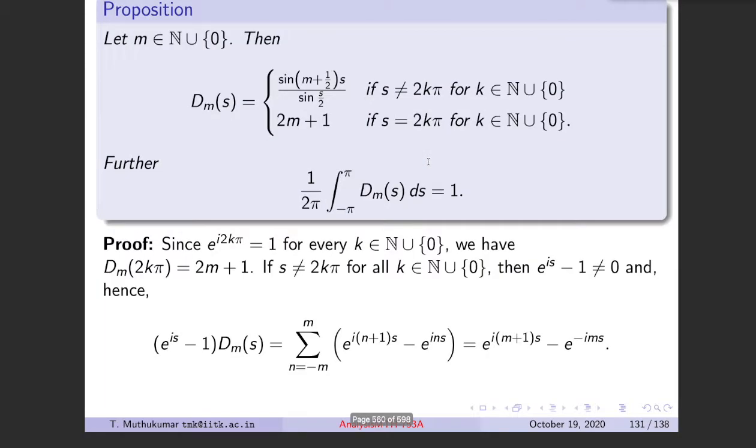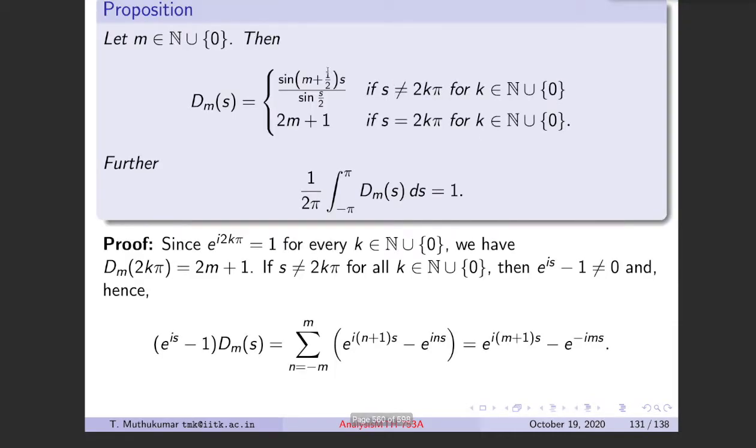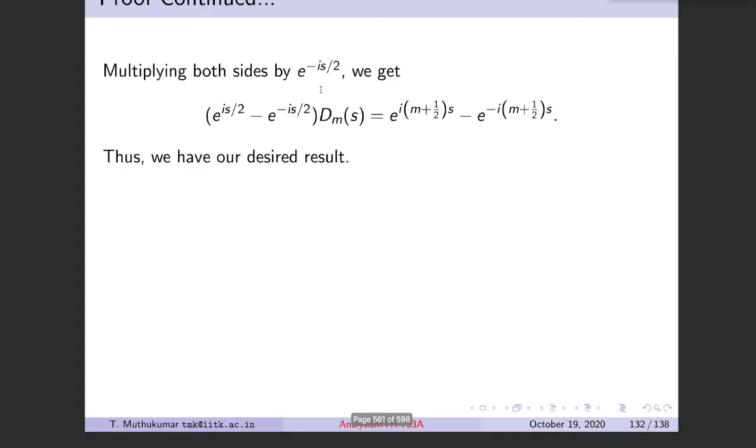This is precisely the result that you want, because this is just e^{iθ} minus e^{-iθ}, so what remains is the imaginary part, the sine part, and again the sine part, which comes down as a denominator. So what you will have is precisely this. So we have proved what we started with.